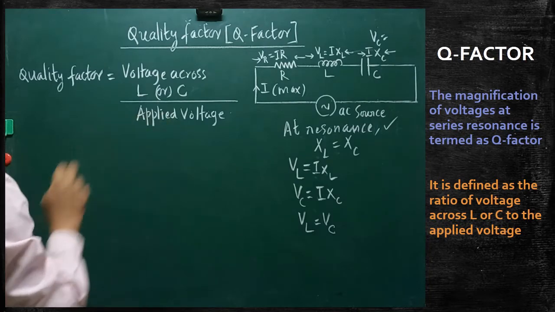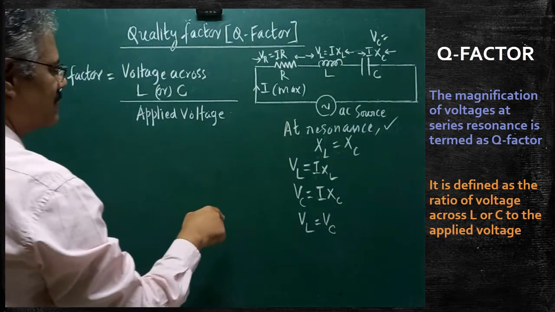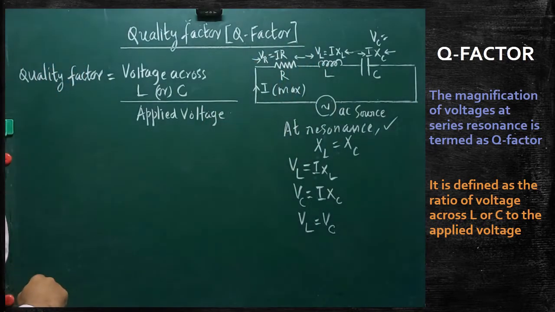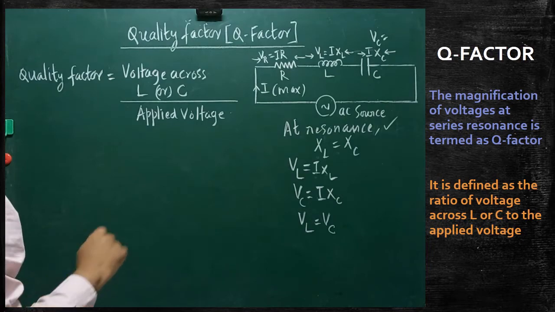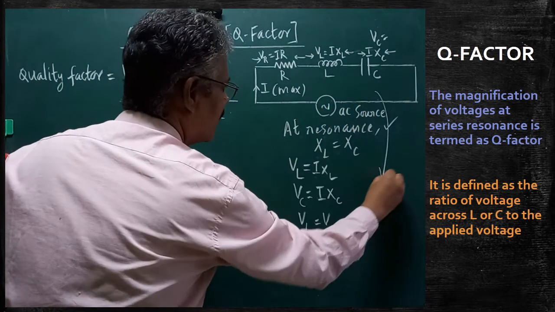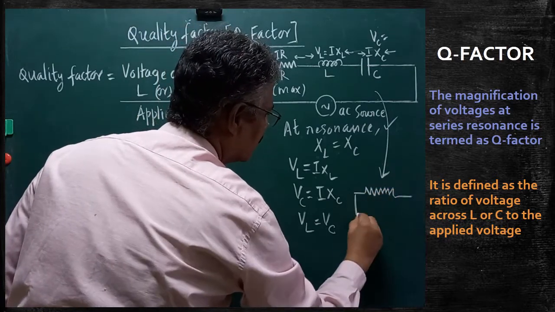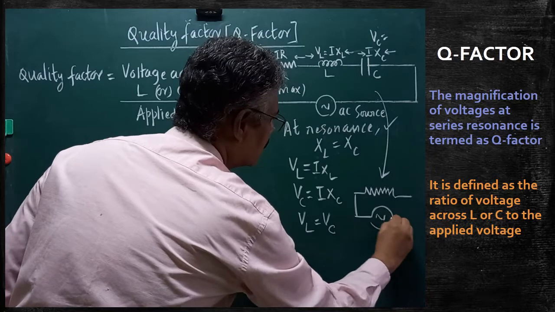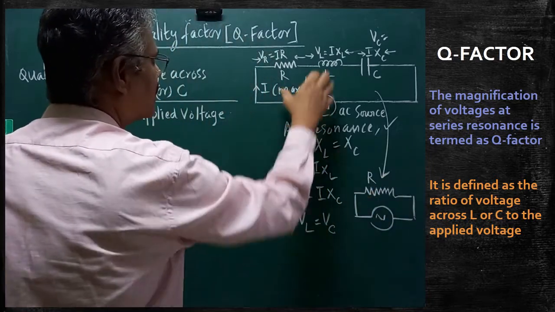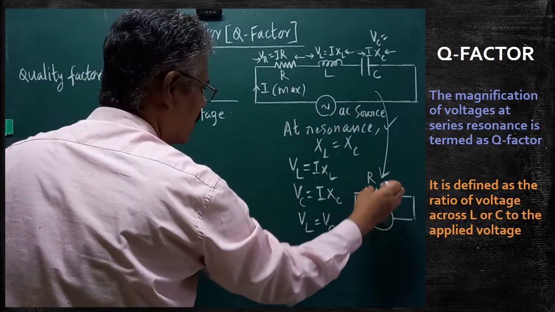In the denominator, the applied voltage is there. Already we have learned that at the time of resonance, this entire LCR circuit will be purely resistive in nature. This circuit is equivalent to this one. Make a note. The entire circuit behaves as if the resistor alone is connected.